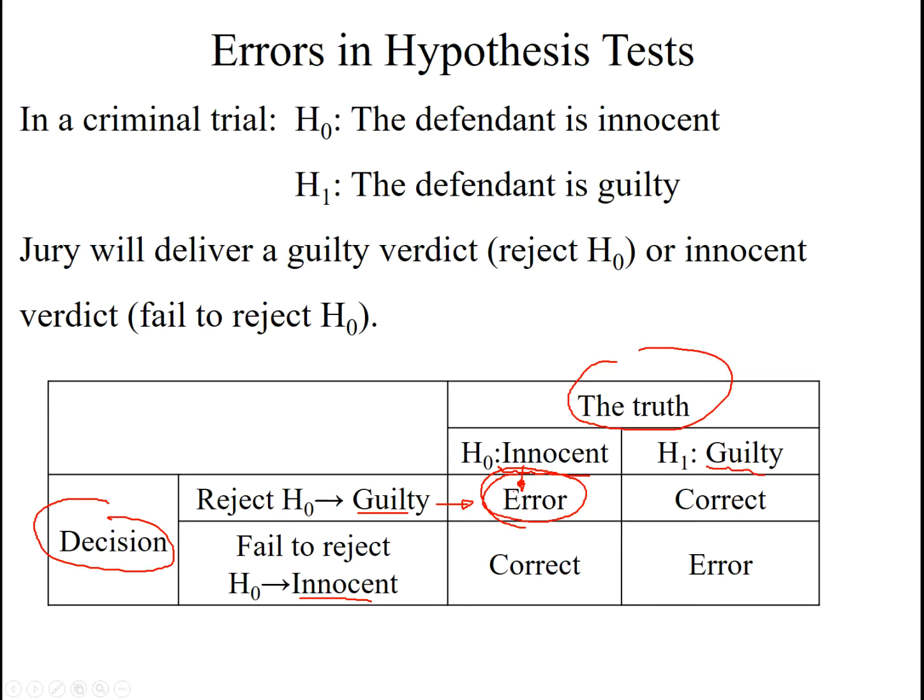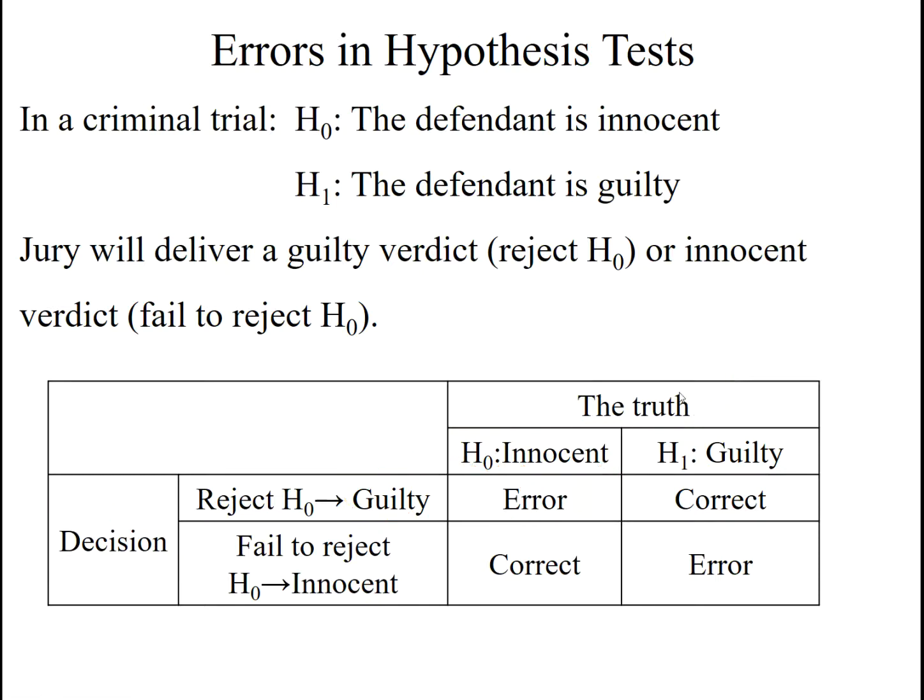Put another way, type 1 error means you conclude H1, that means you reject H0, when H0 is actually true. We try to control this type of error. It is denoted by alpha, which is the significance level. That's why we want to make this as small as possible.